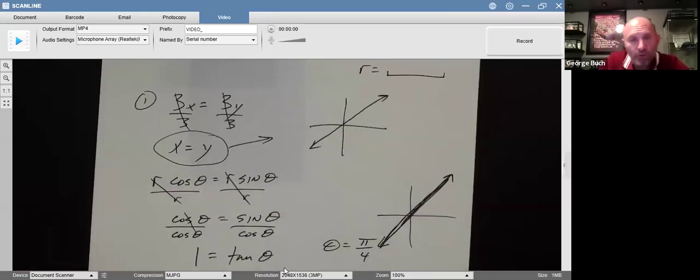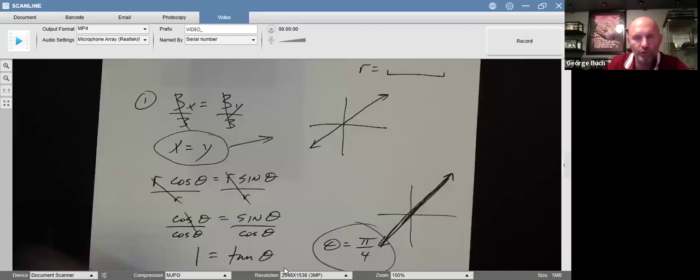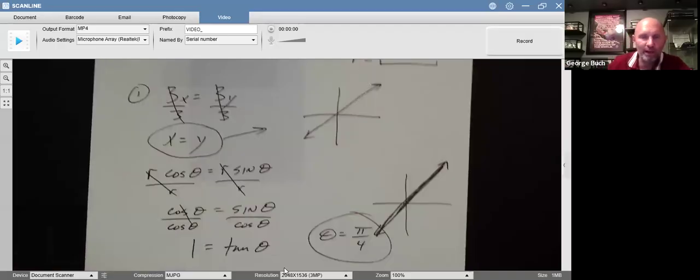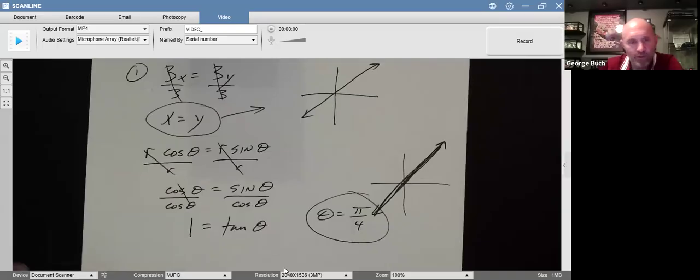So here I know that I've done this correctly because I get the same picture whether I'm doing a rectangular equation, what I started with, or a polar equation, what I end up with. Now, I don't want to have an r here because it's the entire line, so all values of r count in this case, but that's why we have only a theta.